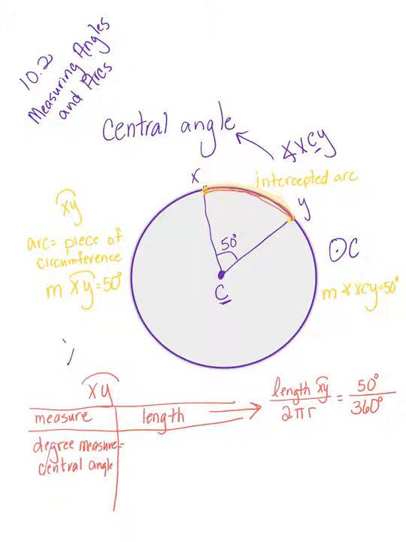Okay, again, think about this and let it make sense. The length from X to Y, since it's a piece of the entire circumference, has the same ratio in comparison to 2 pi r as the central angle does to the entire angles of a circle. Okay, so my length is to the circumference as my central angle is to 360. We talked about that a little bit today.